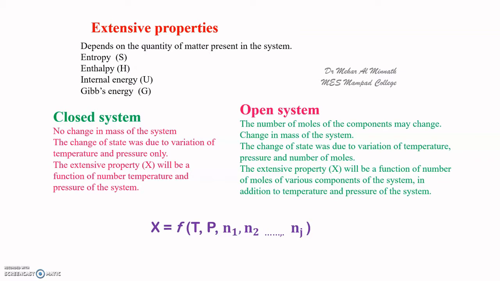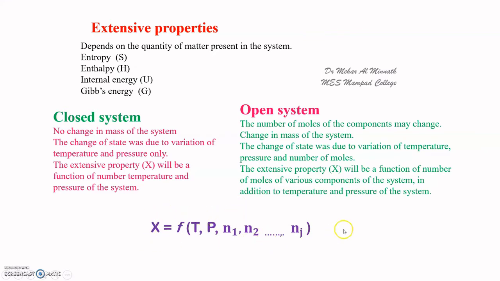If your system has J components, then the extensive property will be a function of temperature, pressure and the number of moles of every component from 1 to J. So that is what is meant by this equation: X is equal to a function of T, P, N1, N2 up to Nj.